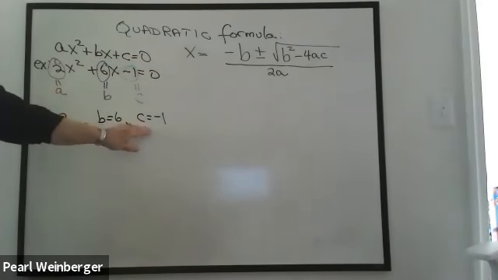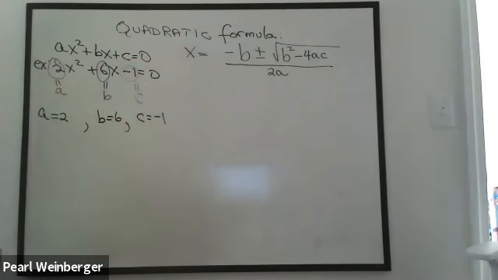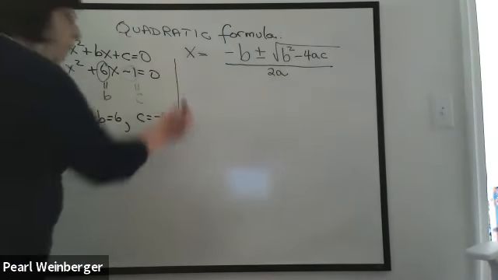Wherever I see a C, I'm going to put -1. In other words, a formula. It's just replace the numbers and work it out. The big thing is when you have a quadratic equation, first set it equal to 0 if it's not equal to 0, and write down what your A is for that equation, what your B is, and what your C is. And then we can solve it.